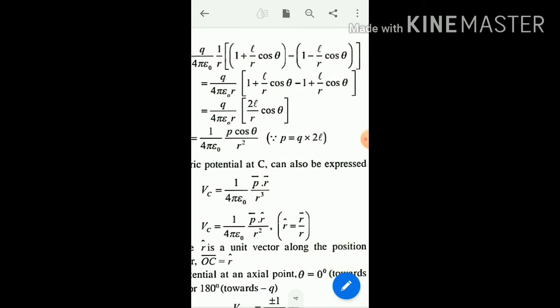So this equation arises from the binomial expansion.